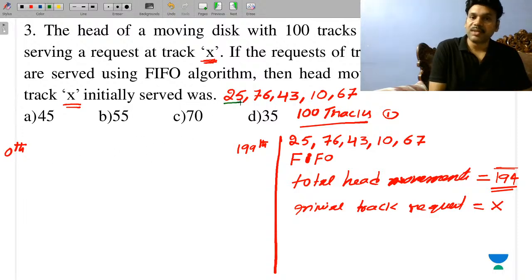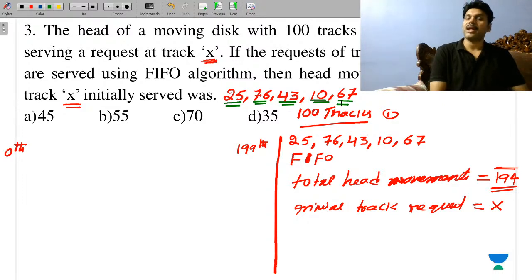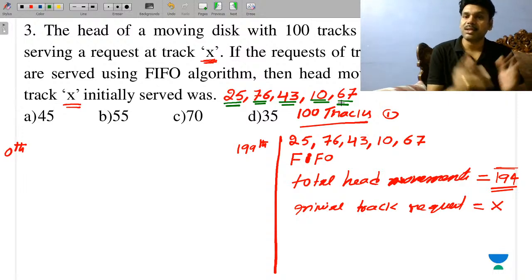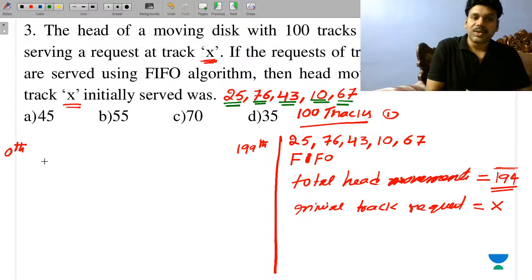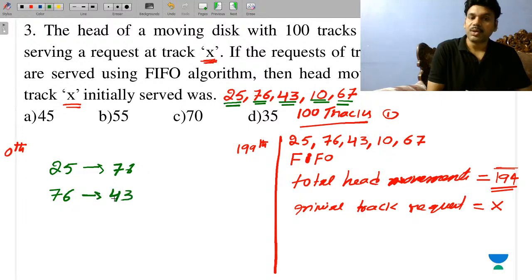First 25 came, then 76, then 43, then 10 and 67. So I am moving from 25 to 76, from 76 to 43 as they arrived in this order, then from 43 to 10, then from 10 to 67.